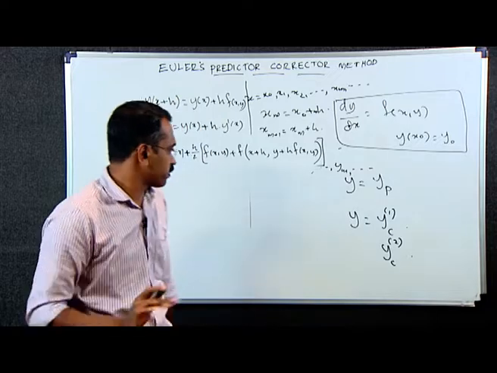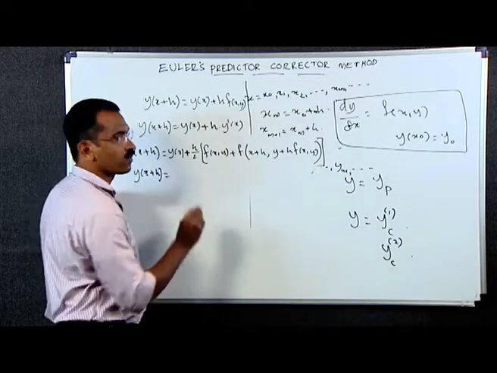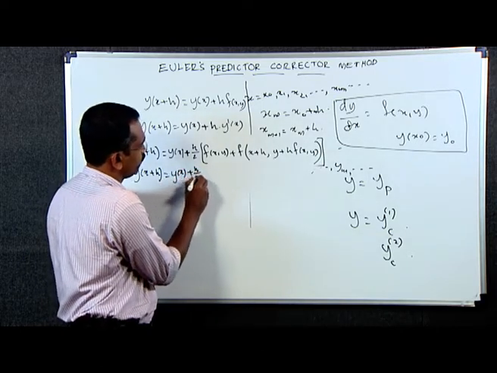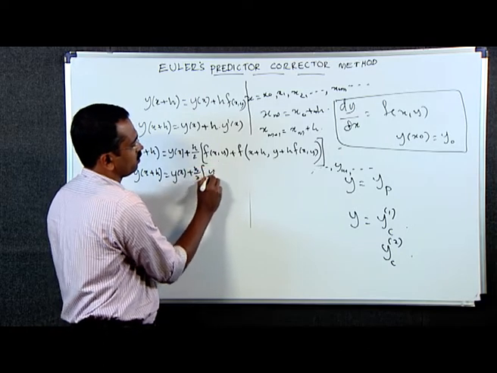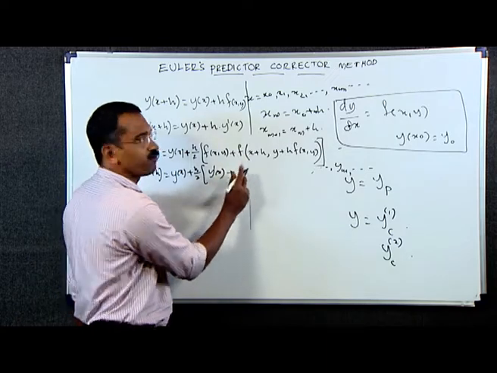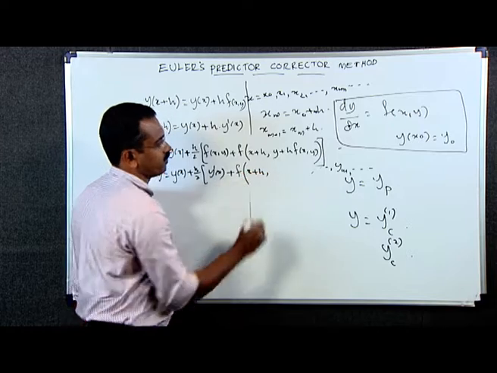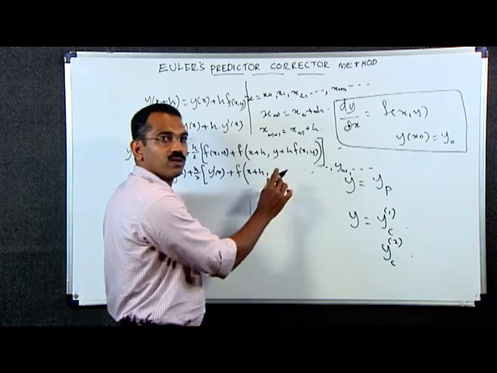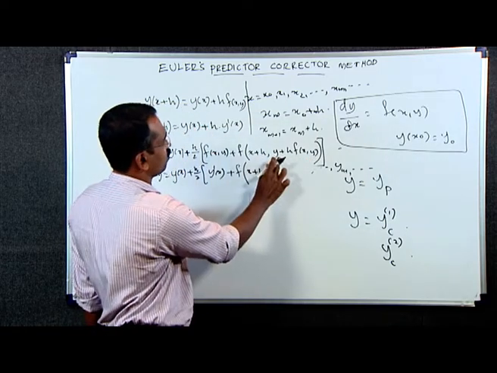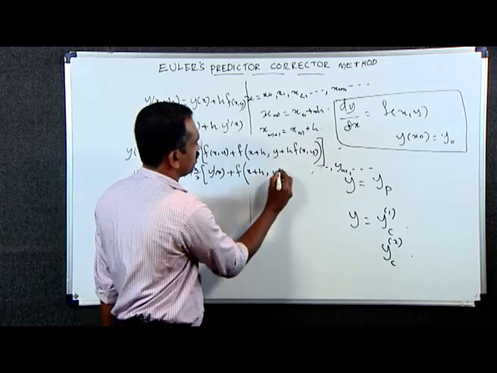That is, y of x plus h is equal to y of x plus h by 2 into f of x, y, which is y dash of x, plus f of x plus h, y of x plus h. This is y of x plus h, that is y of x plus h into f of x, y.